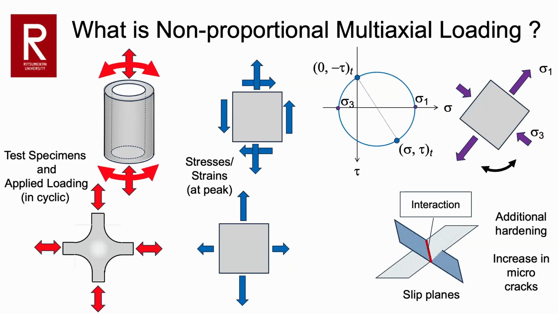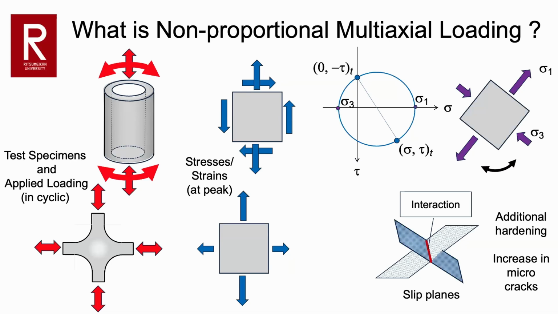When using the hollow cylinder specimen with axial and shear loading, if the amplitude changes in the cycle, the loading becomes non-proportional, in which the principal direction of the stress and the strain changes in the cycle.